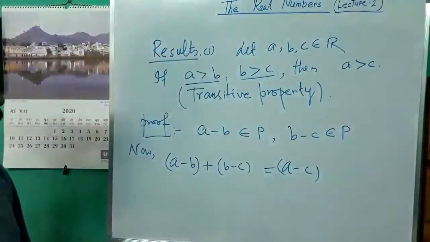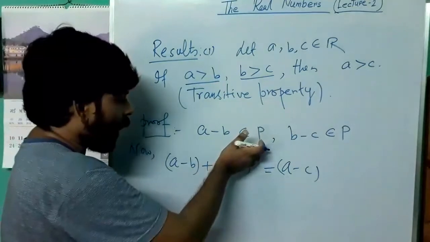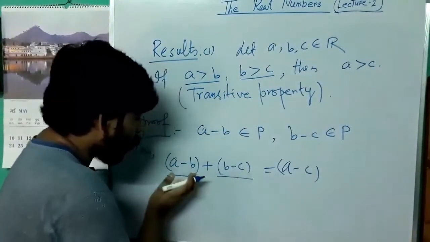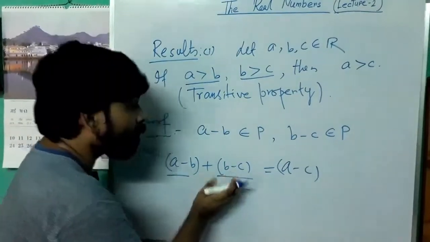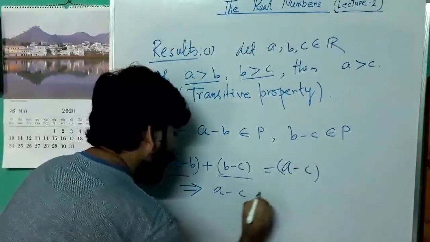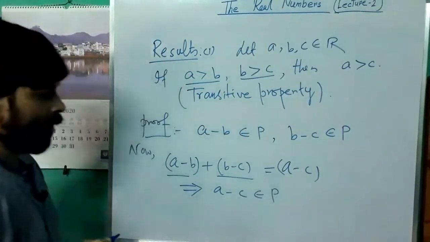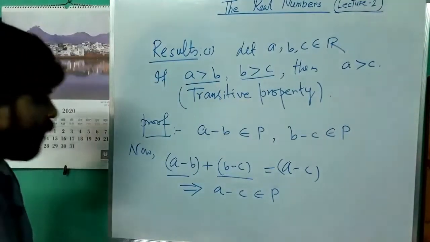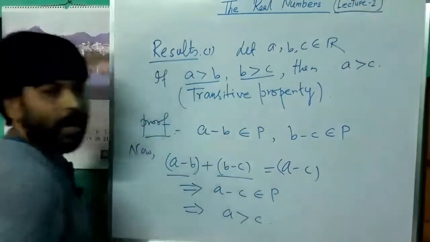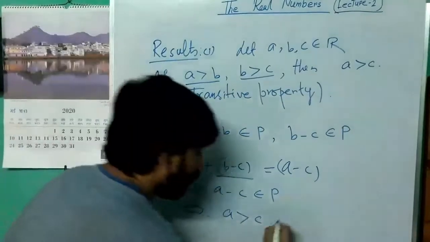Since P is closed under addition, the sum of these two elements must belong to P. So a minus c belongs to P, and by definition this implies a is strictly greater than c, and this completes the proof.